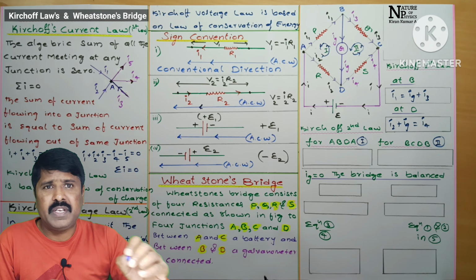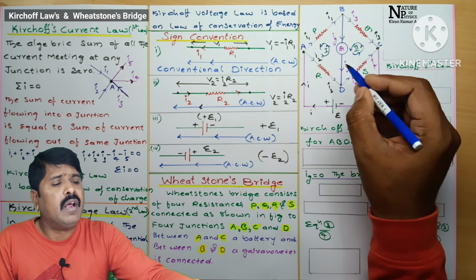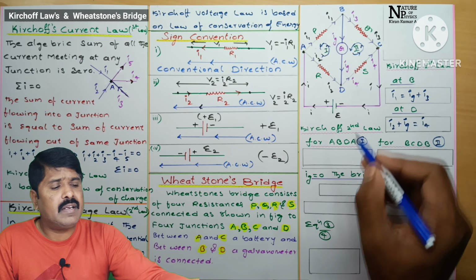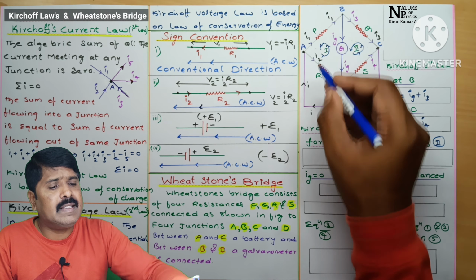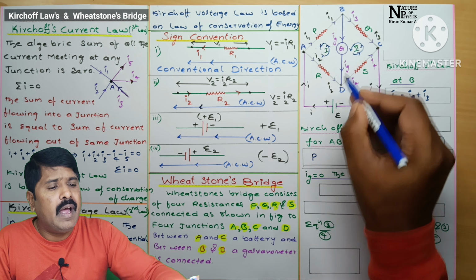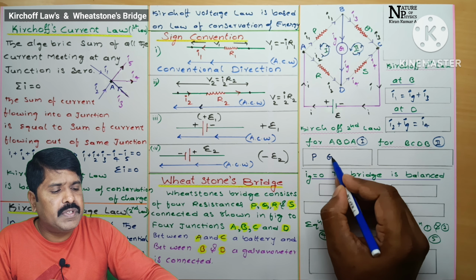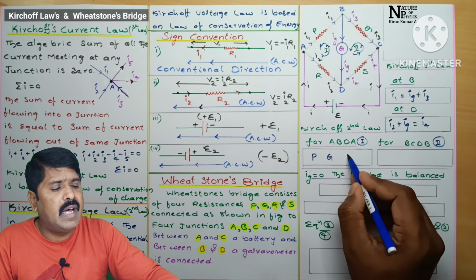See clearly, first I am writing the resistances. In the loop, how many resistors are there? For the first loop, P resistance is there, next the galvanometer resistance, and next R resistance.